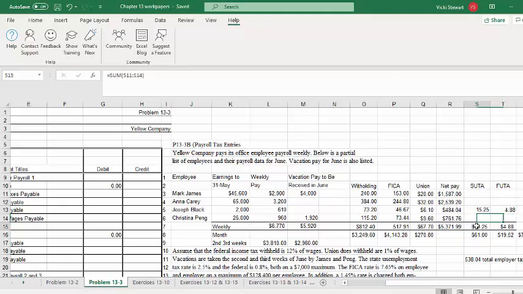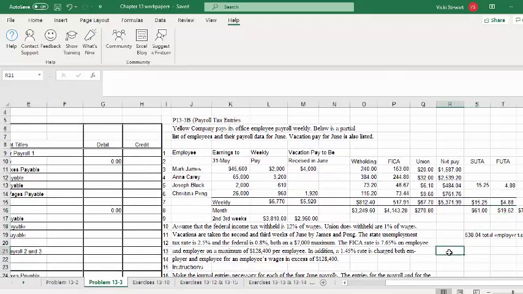And since Joseph is the only employee that we are paying state or federal unemployment tax for, the weekly amount will be the same, and then the monthly amount that the employer will remit would be times 4.